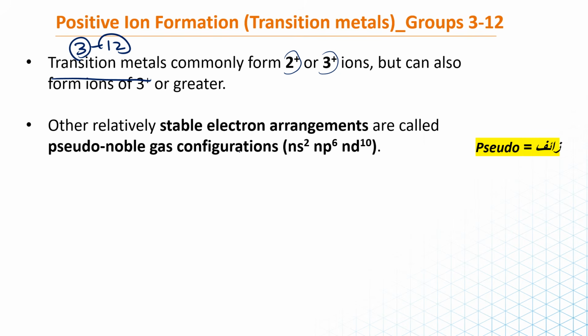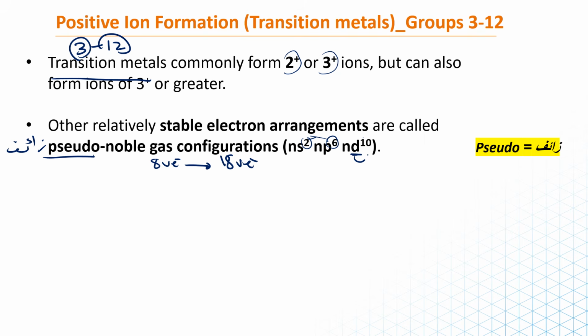So other relatively stable electron arrangements are called pseudo-noble gas configuration. So it's not a noble gas, it's pseudo-noble gas configuration. So instead of having 8 valence electrons, they will have 18 valence electrons. Okay? يعني بدل ما يكون عندنا بس 8 valence electrons يصير عندنا 18.